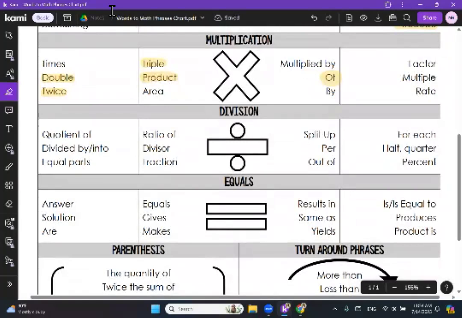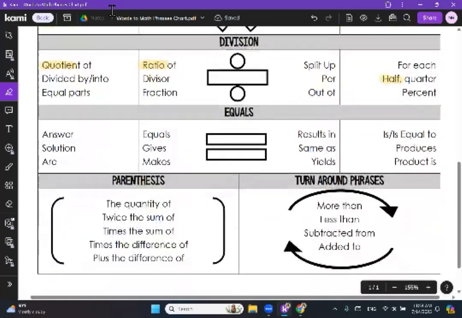Division's one of the ones that's a little bit confusing, or it's hard to get used to the words that represent division, but popular ones are quotient of, ratio. We've seen that word ratio last year. Half, quarter, percent, yeah, things like that. Equals.